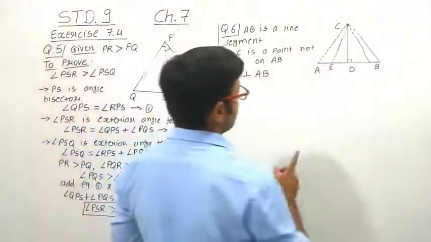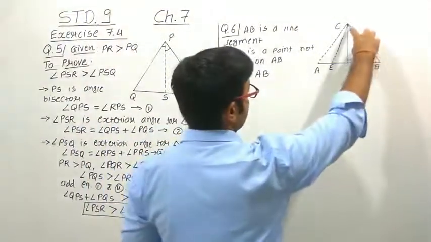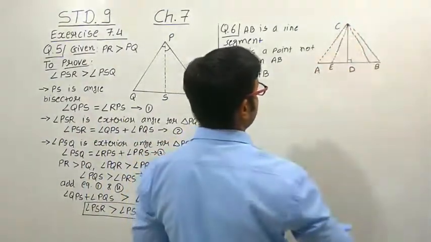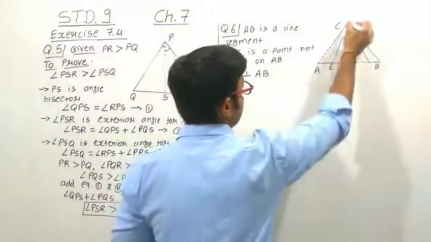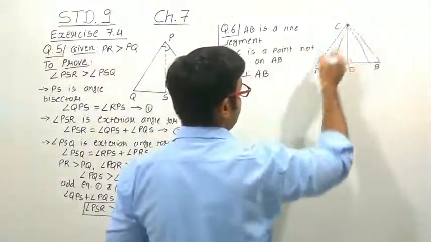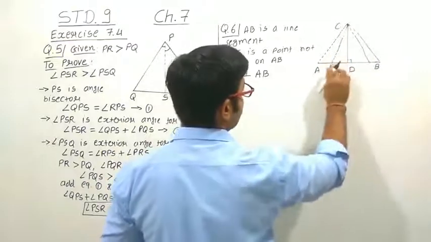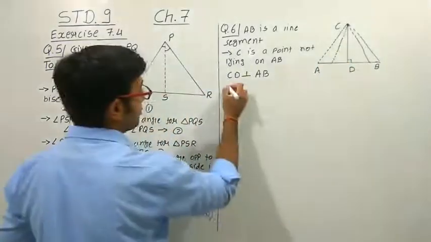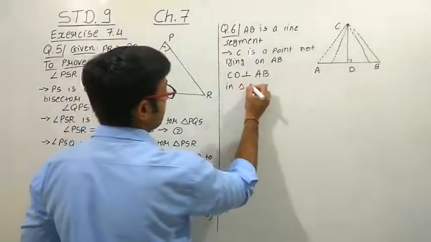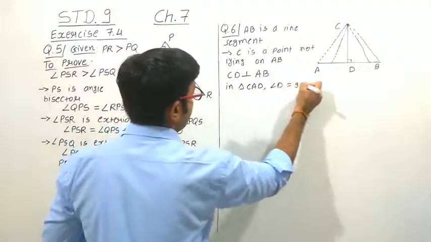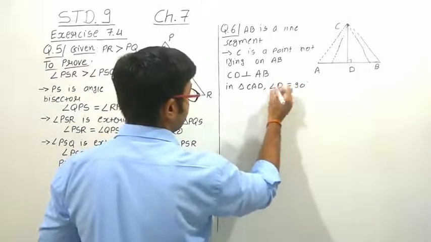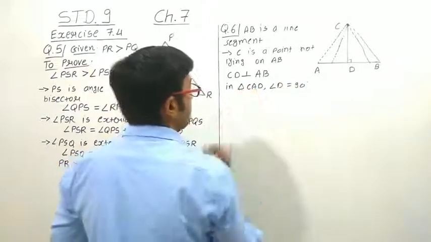So let us consider the two line segments CD and CA. By taking CA and CD, a triangle CAD is made. Suppose in triangle CAD, angle D is equal to 90 degrees.